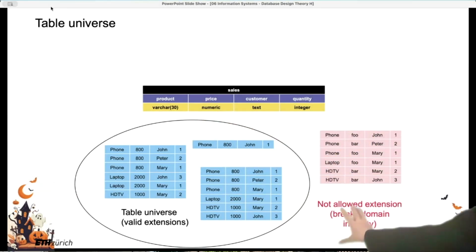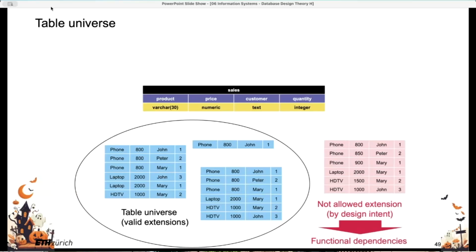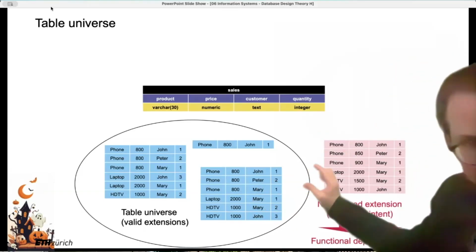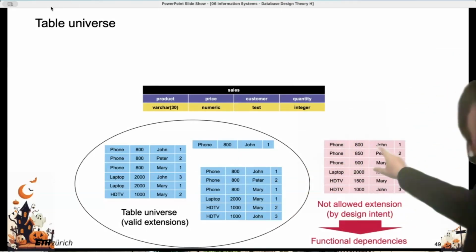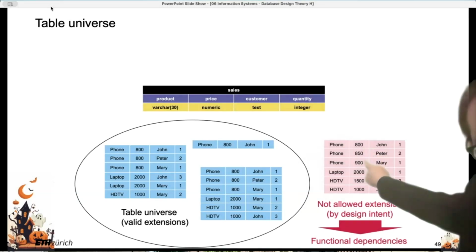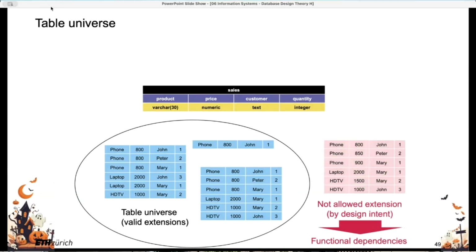This is not a numeric, so that wouldn't respect the schema. And this one would not be allowed, but for another reason. It wouldn't be allowed because I, as the designer of my web shop, do not want different prices for the same product. I see 400, 800, 850, 900. So as a designer, I would like to disallow this.